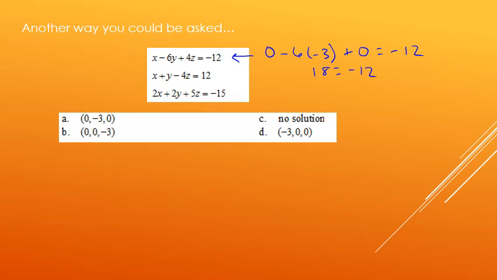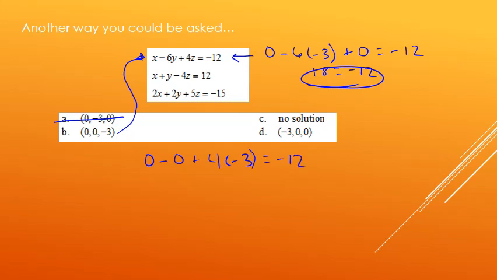I already know that it's not going to be A, okay, because this is not true. It would have to be true for all of them. So we could then plug in the next equation. That would be 0 minus 0 plus 4 times -3 would be -12. Now that's true, but it has to be true for all of them. So let's try it in the next one.